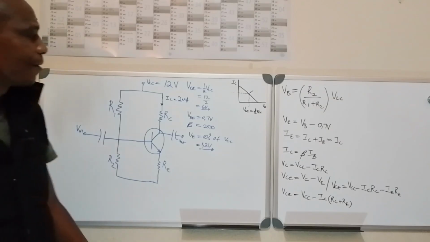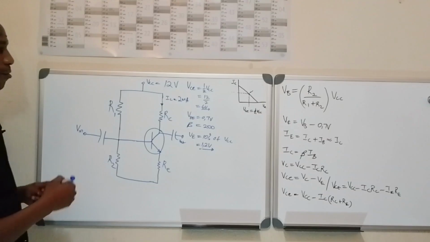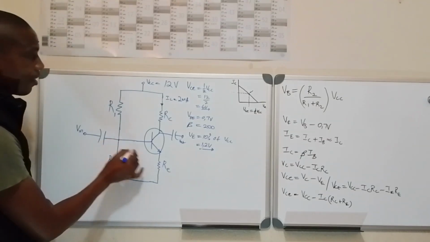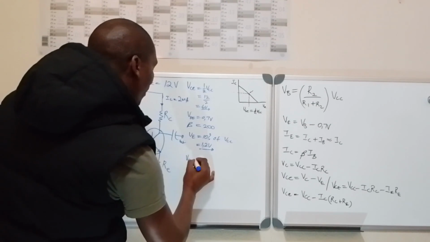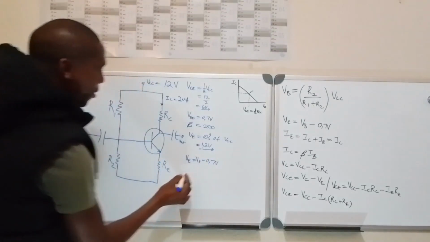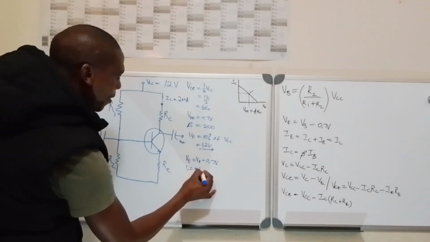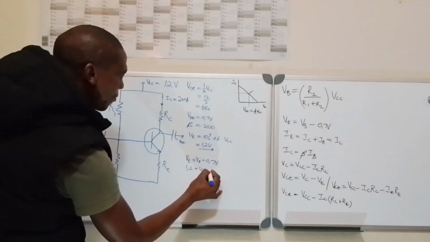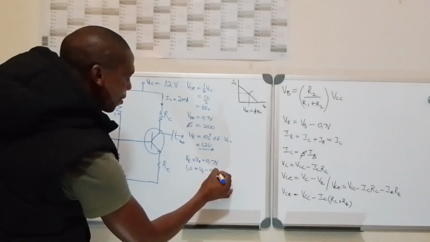What else can we get? We can get VB, which is the voltage at this point. According to this formula, VE is equal to VB minus 0.7 volt. So we have VE as 1.2, and VB is not known. That's what you're looking for.